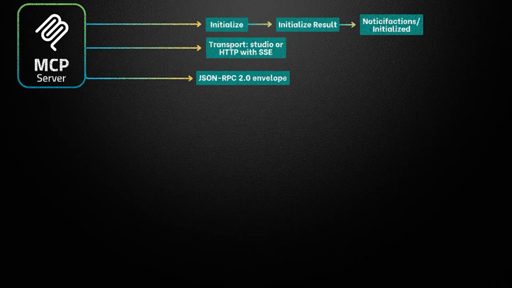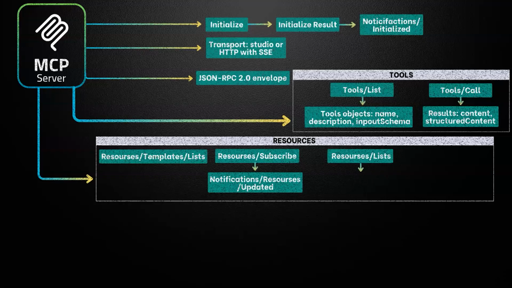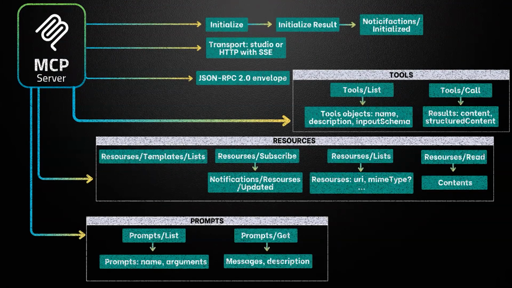When the client sends the notification without an ID, the server needs to signal that it is ready and the regular operations can start. As you can see in this diagram, the server has tools, resources, and prompts that the client can list and read in order to use them. If the server declares a capability in the initialize result.capabilities, it must implement the matching RPCs.